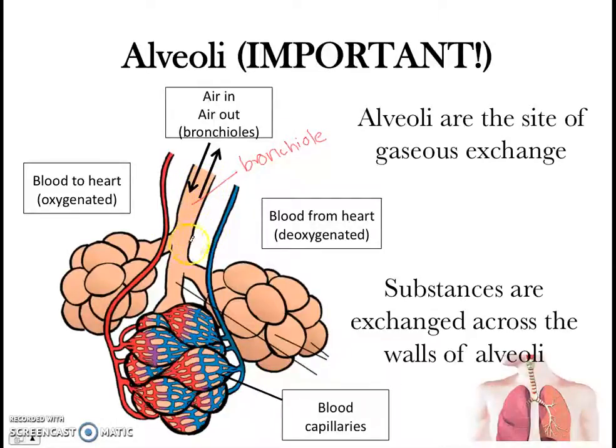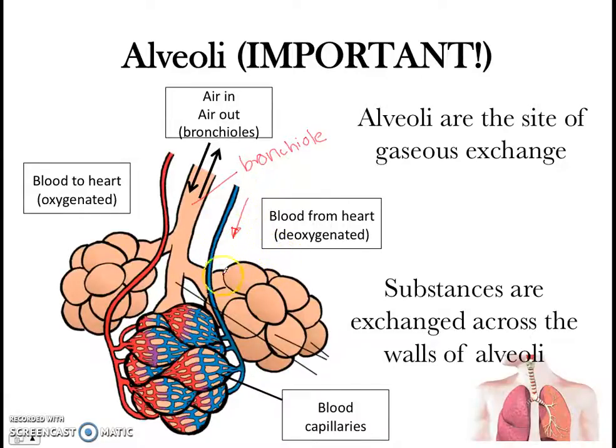Now besides that, you will also observe that the alveoli are surrounded by blood vessels, and in particular surrounded by blood capillaries. So remember in the previous chapter on transport in humans, we saw that blood from the heart, which is deoxygenated, will come to the lungs to pick up oxygen.